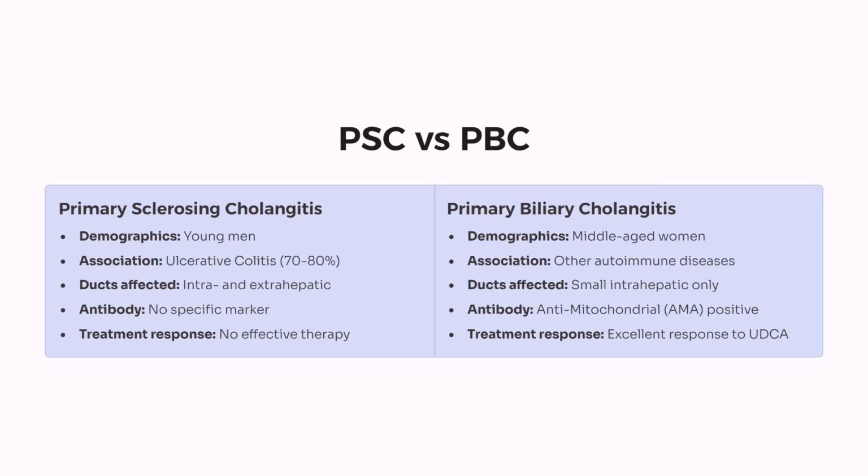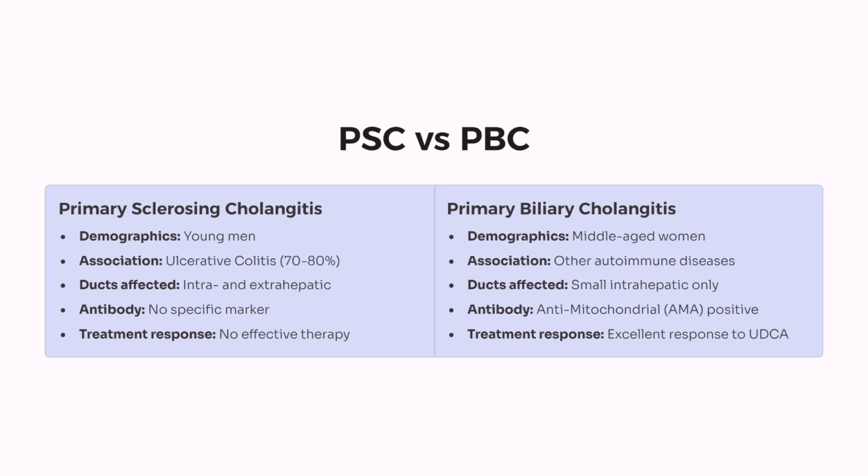The main condition to differentiate PSC from is primary biliary cholangitis, or PBC. While they sound similar, they are classic opposites on exams. Remember, PBC is a disease of middle-aged women, while PSC affects young men. In PBC, the autoimmune destruction is limited to the small intrahepatic bile ducts.